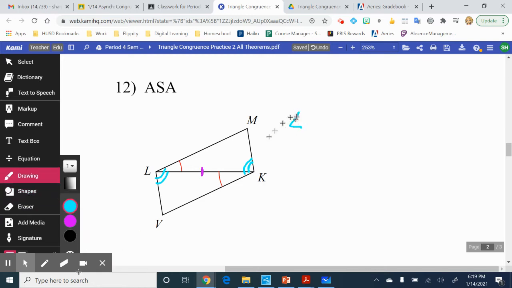All right, so we're going to go backwards so that the L and the angle are not next to each other. So we're going to do angle MKL is congruent, they have to be congruent, to angle VLK.